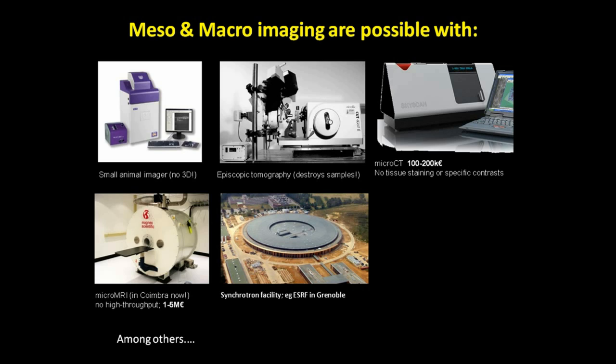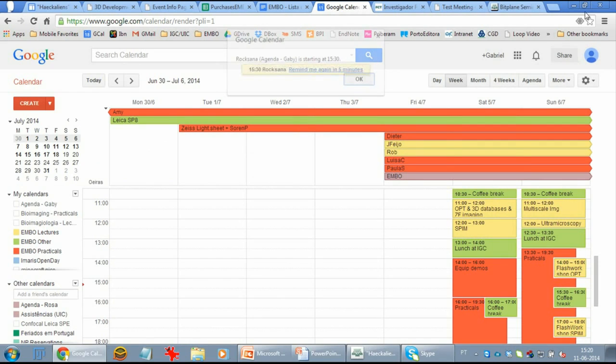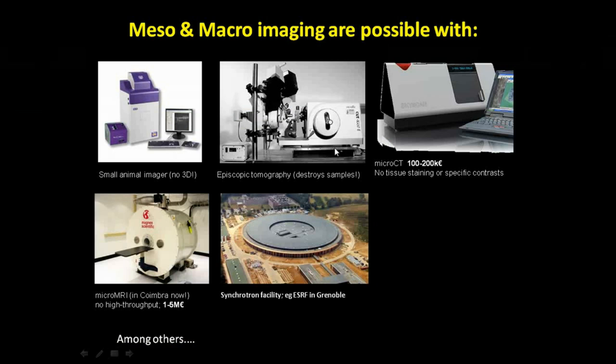One is endoscopic tomography. The idea behind this is to basically cut slices sequentially through a sample, and as you're cutting slices, you acquire images automatically. And then in the end, you have a full stack. The obvious problem with this technique is that you lose the sample as you go through it, and there are still other problems that can lead to distortions.